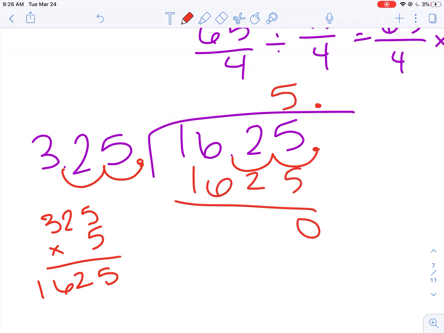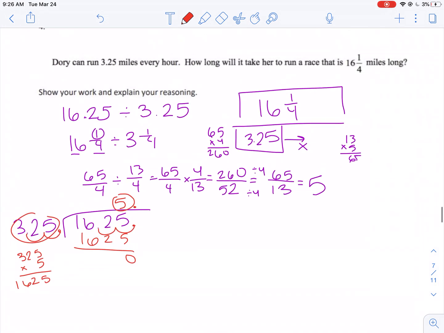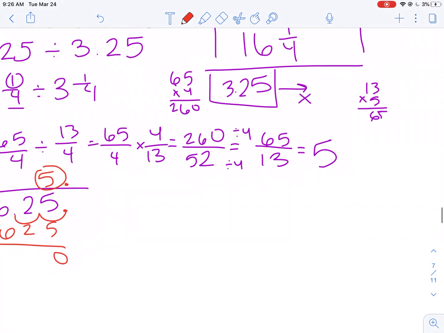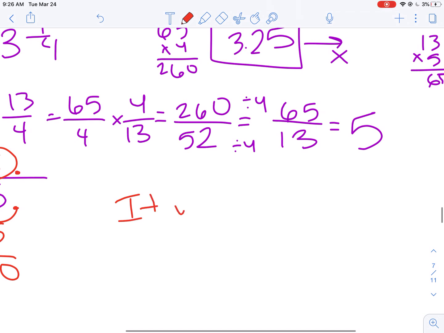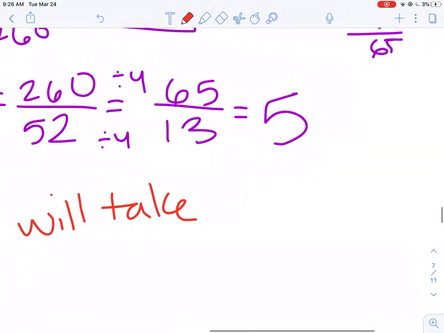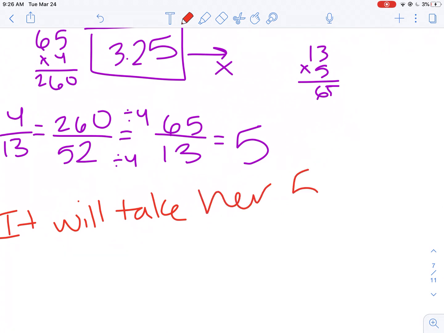This would have been the easiest if you knew how to estimate and then check, like, oh, I'll start with 5 instead of doing times 1, times 2, times 3, times 4. Oh, it was times 5. So the answer is 5. It will take her 5 hours.